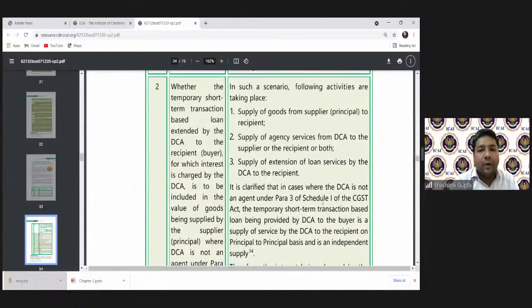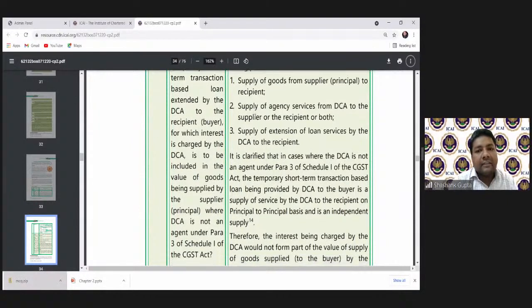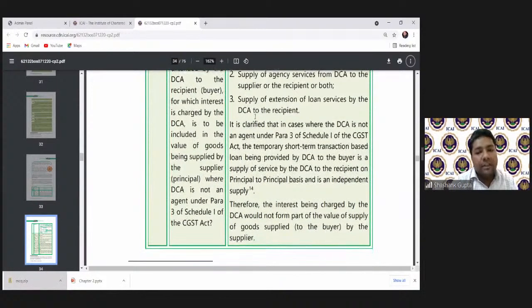So here, first of all, they've broken down the transaction. It says what all activities are taking place: supply of goods from supplier to recipient, supply of agency services from del credere agent to the supplier, and supply of extension of loan services by the del credere agent to the recipient.